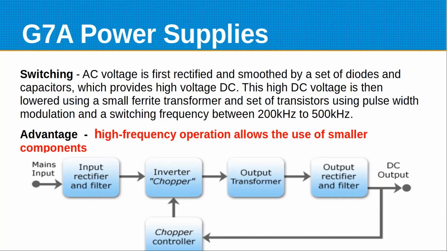It's a lot more complicated, a lot more components, but you normally do the inverter up in the 200 to 500 kilohertz range.